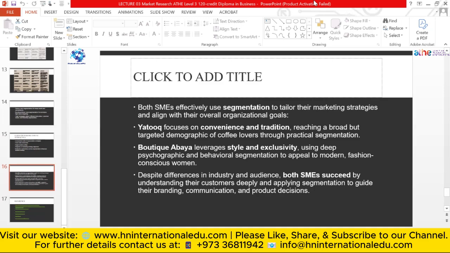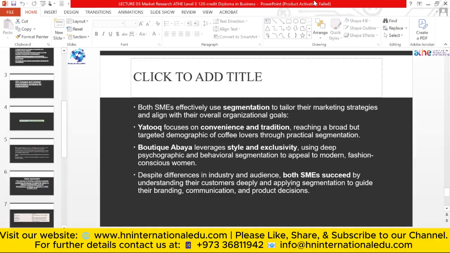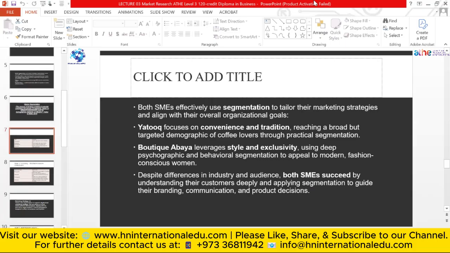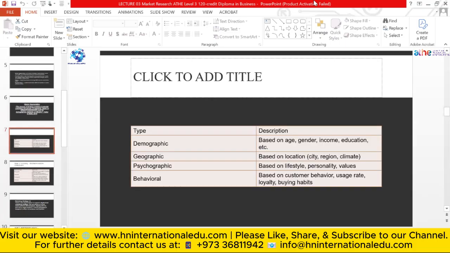Boutique abaya leverages style and exclusivity using deep psychographic and behavioral segmentation to appeal to modern fashion-conscious women. Now, what kind of segmentation are they using? First is the psychographic, and the other one is the behavioral. Now, just revise the definition, and it will be easy to follow. Psychographic, they are working on the niche market, right?